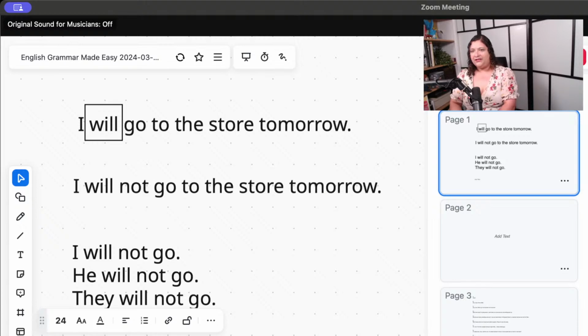Now for the future tense. Good. She will help me. Good.